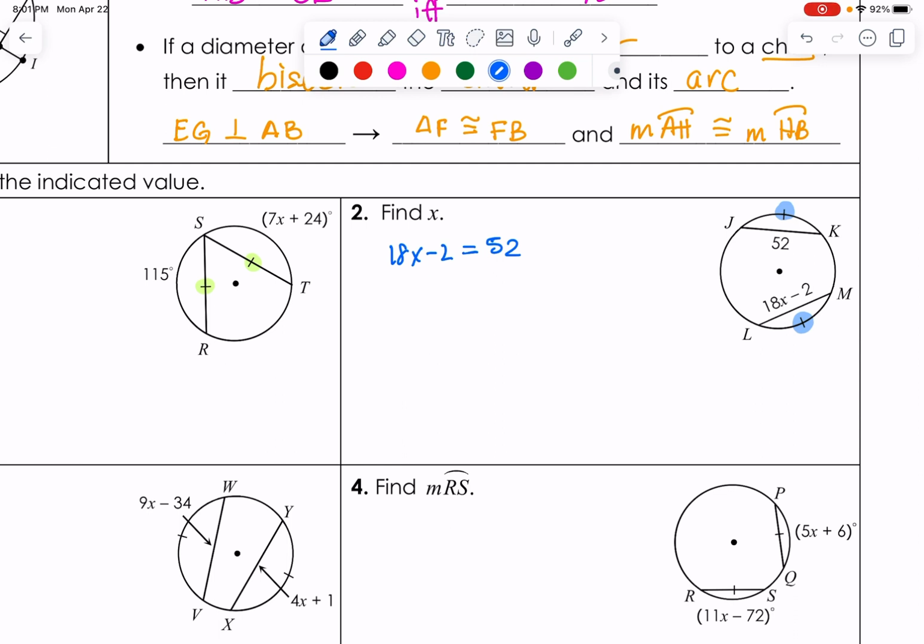So we're going to add 2 to both sides, so that 18x equals 54, x is 3. Just because I understand what those symbols mean on the diagram, and then I remember the property that lets me say that.